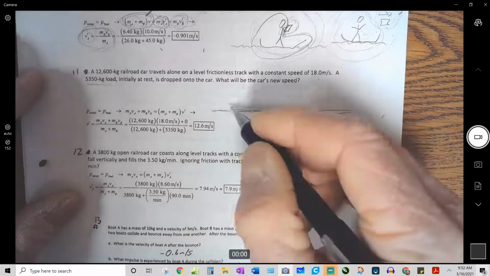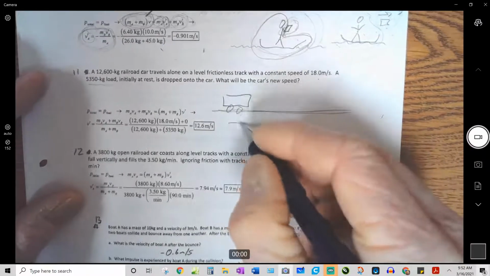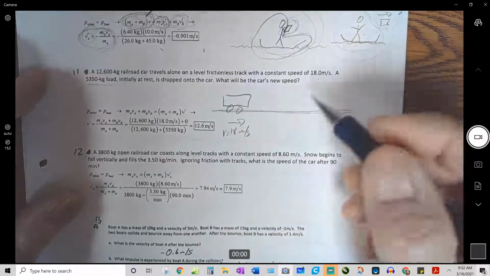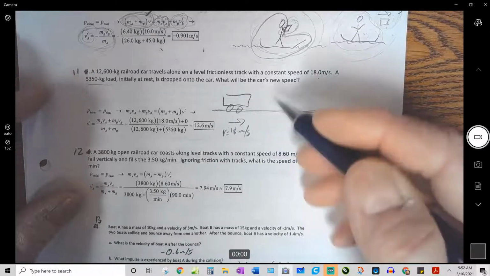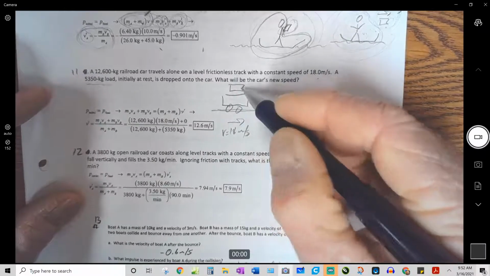basically, here's a railroad car, and it's got a velocity of 18 meters per second, and essentially it's colliding with this load, which I'll just draw the load here.